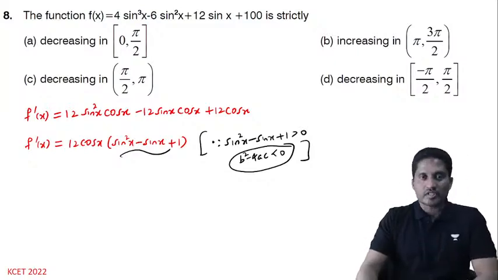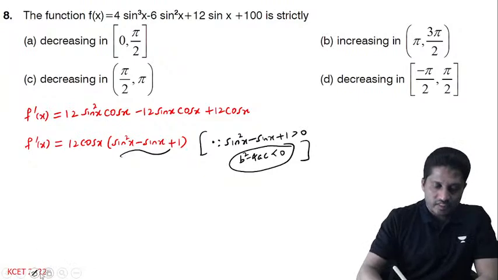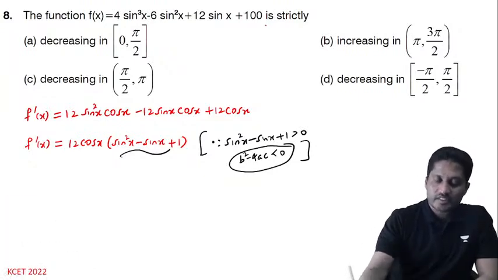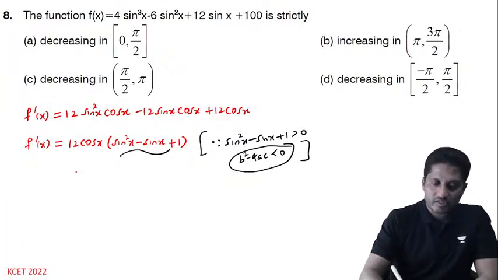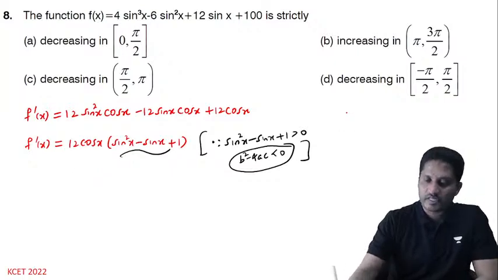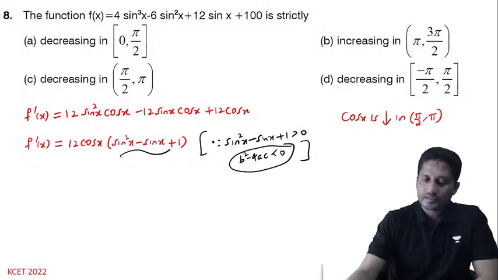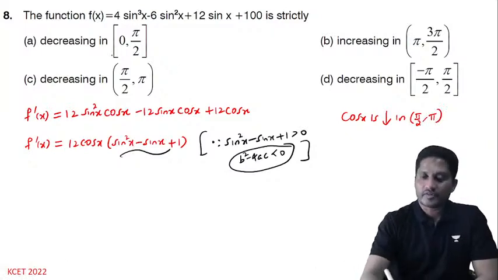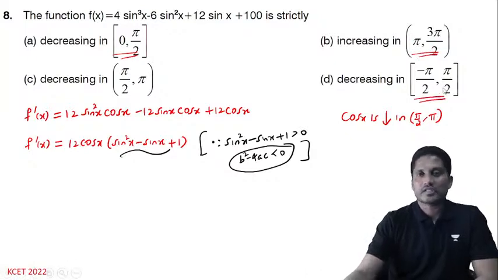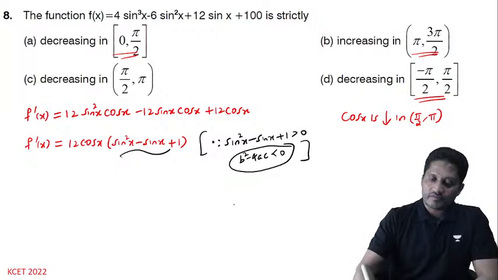So this is always positive. So left out is only cos x. It is given in the question that it is strictly decreasing, so this will be decreasing. When is cos decreasing? Cos is decreasing in the second interval only, in pi by 2 comma pi, right? Isn't it, guys? Cos is positive in the first quadrant. Cos is positive in the third quadrant. Between minus pi by 2 comma plus pi by 2 also cos is increasing only. This is the cos graph.